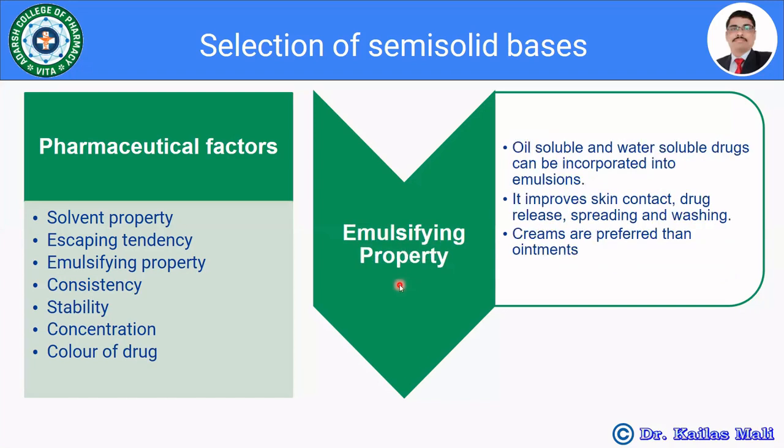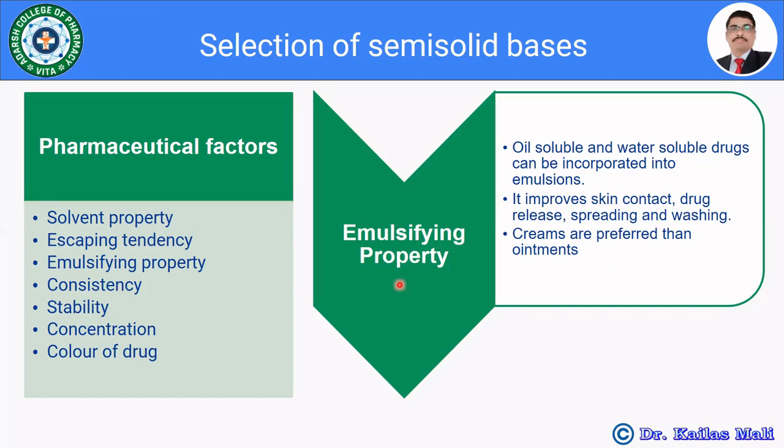Then the emulsifying property: oil soluble and water soluble drugs can be incorporated into an emulsion. If we have a drug with good oil solubility, or a drug with good aqueous solubility, we have to think about the emulsion, and depending on the solubility of the drug, we prepare an O/W type or W/O type of emulsion.